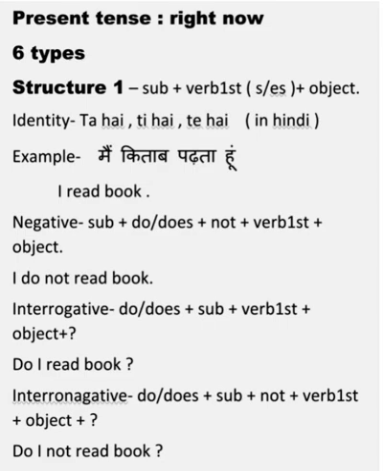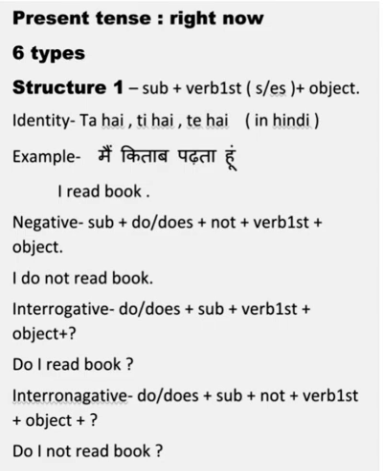And in the end we have an object. Now we can see it's written here, identity, and I have written in brackets in Hindi: ta hai, ti hai, and te hai. These are the identities.